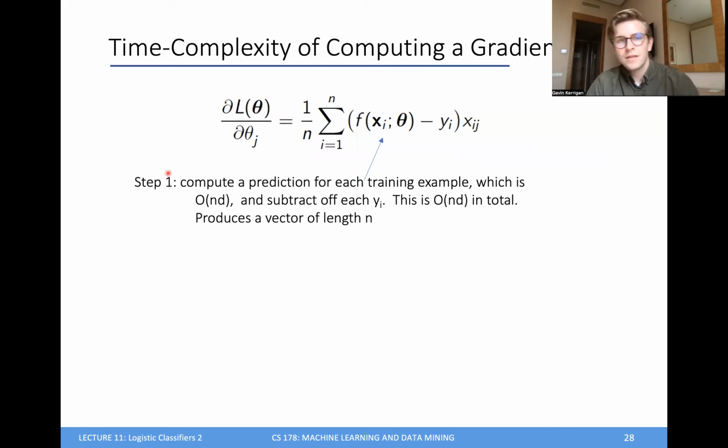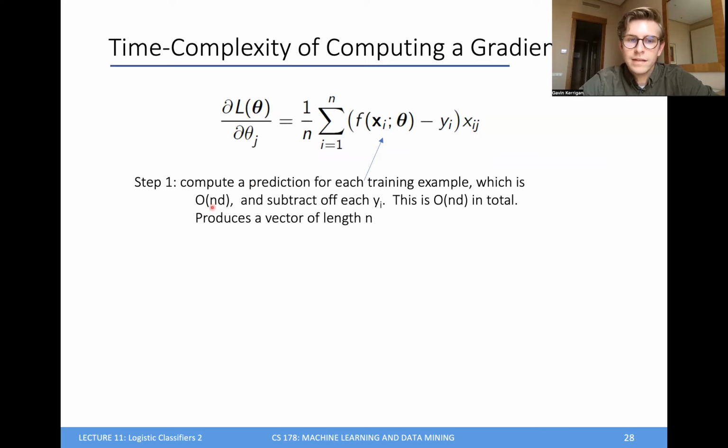Okay, so let's take a second to think about what's the time complexity of actually computing a gradient for this model. In this first line, I have exactly the gradient that I wrote down on the previous slide. Instead of writing p sub i, I'm writing f of x sub i, but same exact thing, just different notation. The first step in computing this gradient is essentially doing a prediction with my model.